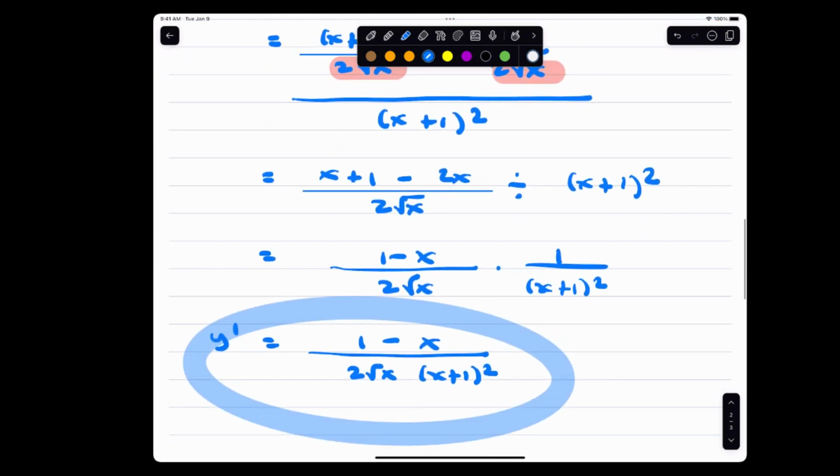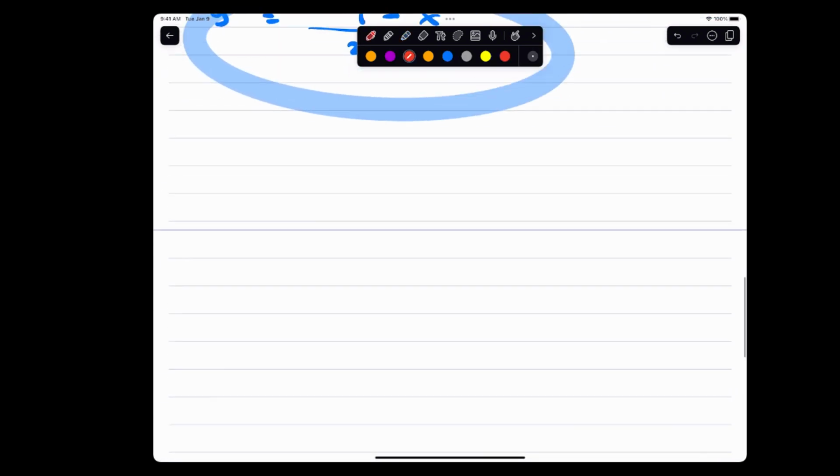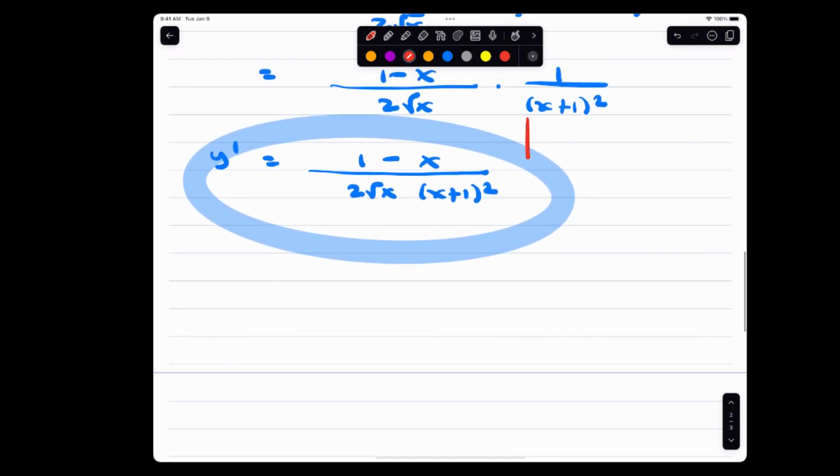So you're going to plug in a 4 here, a 4 here, and a 4 here.